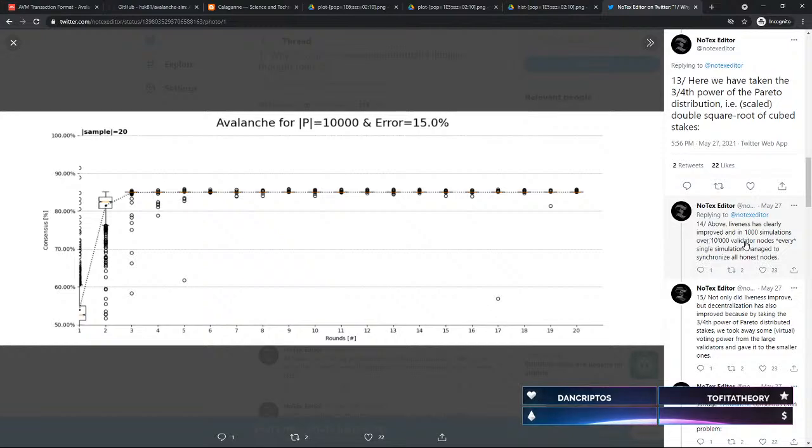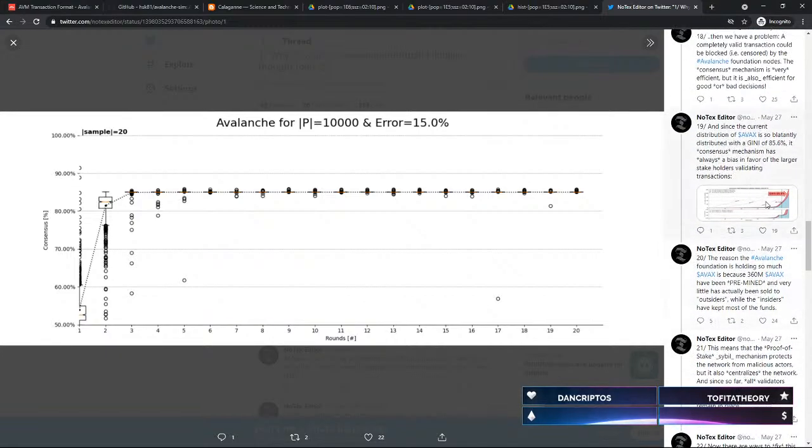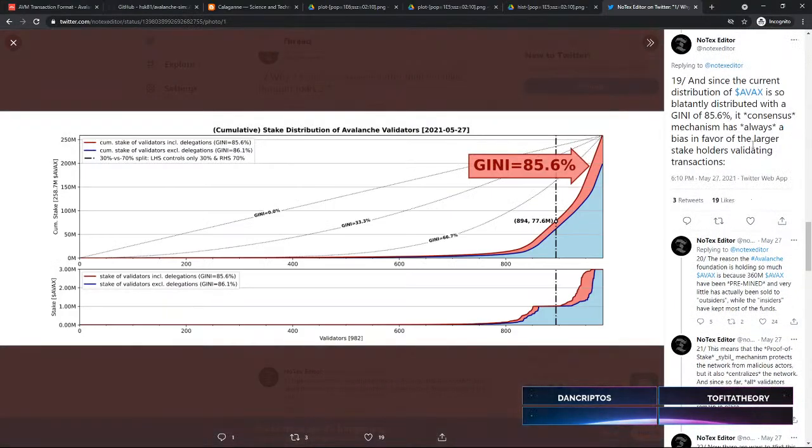The current distribution, as far as I can tell, has no impact on liveness. It's far away from Cauchy or Pareto distributions. It is skewed, but being skewed doesn't automatically mean that liveness takes longer. No, it has to be a very special distribution. In statistics, it's called fat tails.